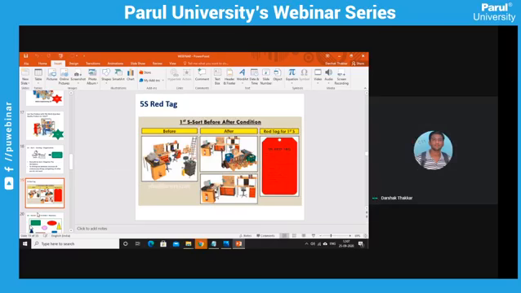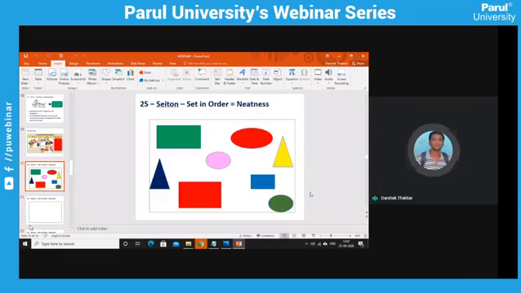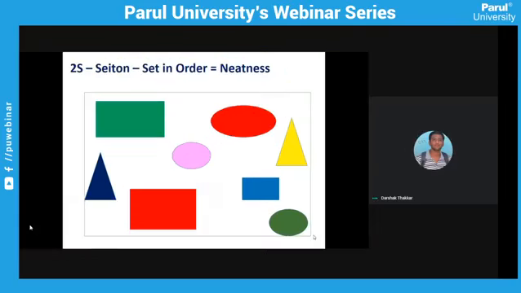So for that, suppose I take one example. These are some basic shapes arranged in this, right? But once you recognize these, I will delete all of them and keep it blank. So can you arrange these exactly as they were? First we look at these shapes.